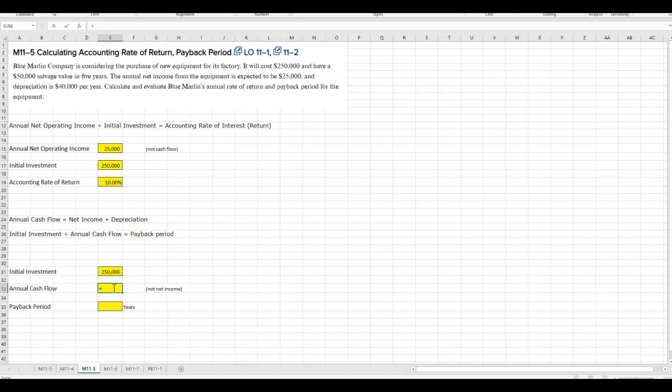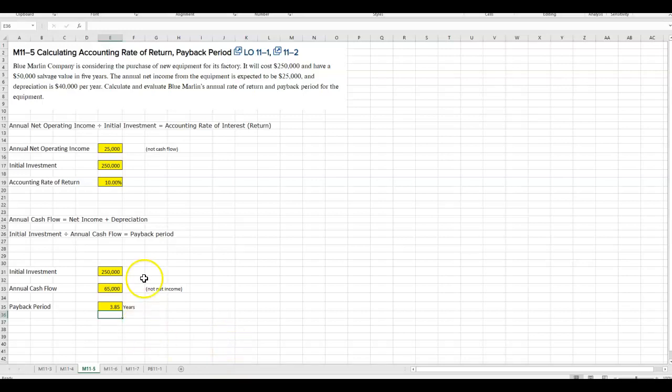So we have to take our $25,000 and add our depreciation back because we've subtracted it to arrive at net income, and come up with an annual cash flow of $65,000. We divide the initial investment by the cash flow per year, and we come up with 3.85 years.